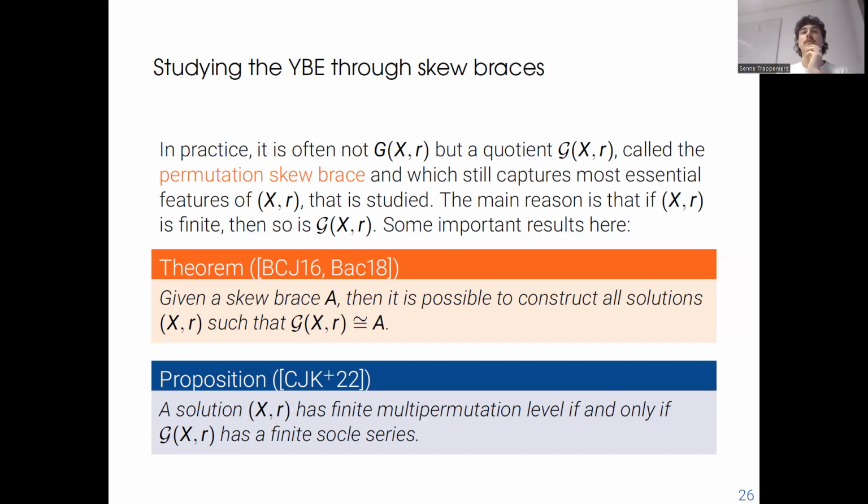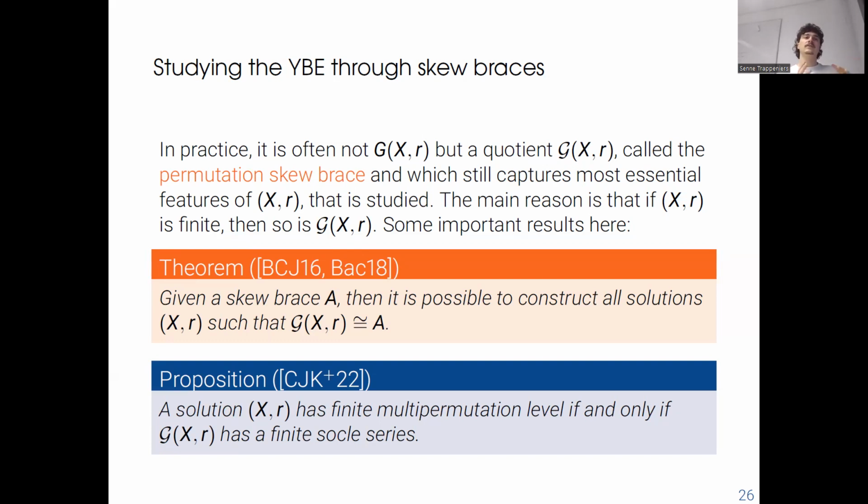One of the downsides to this is that this construction is no longer functorial. It does preserve homomorphisms when they are surjective, for example, but it's not true that any homomorphism on the side of solutions yields a homomorphism on the side of permutation skew braces. To end this part about the solutions of the Yang-Baxter equation, let me mention two important results. The first was proved by Bachiller, Cedó and Jespers, and then generalized by Bachiller two years later.